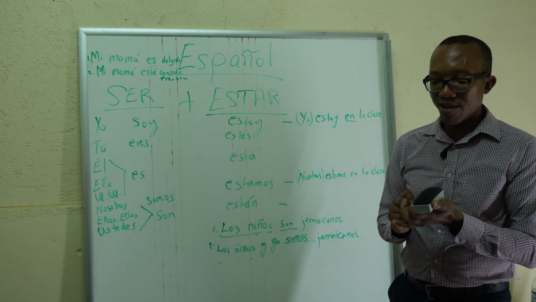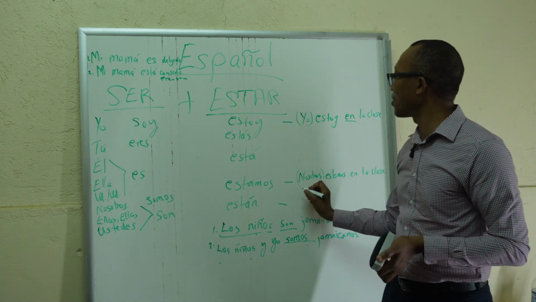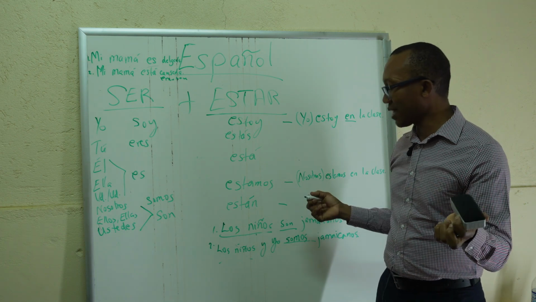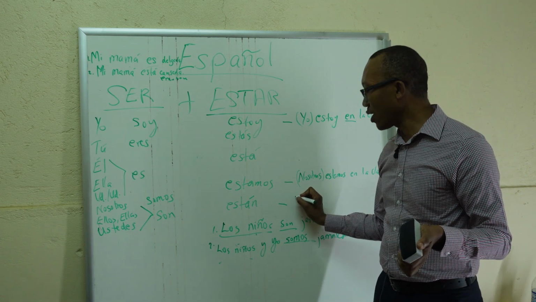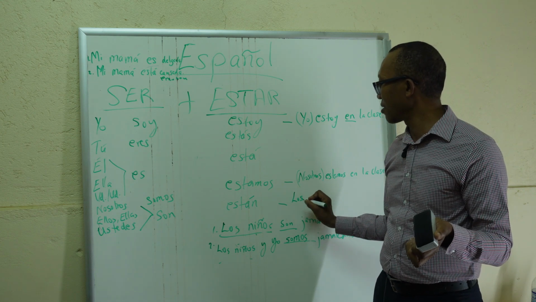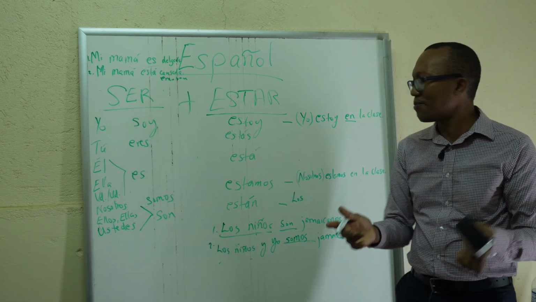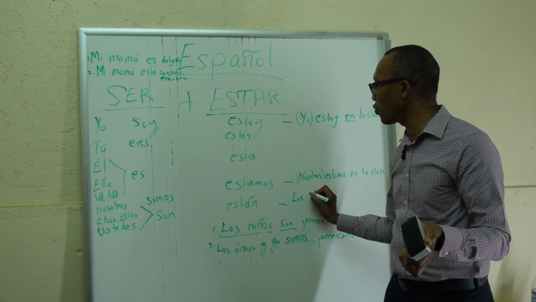Let's say your friends are in class. So your friends, the word friends, I'm sure you know, amigos. So we're going to say los amigos. Then you know what? I'm going to change amigos to students. And you're still friends, no? So the student, you know the word estudiantes.